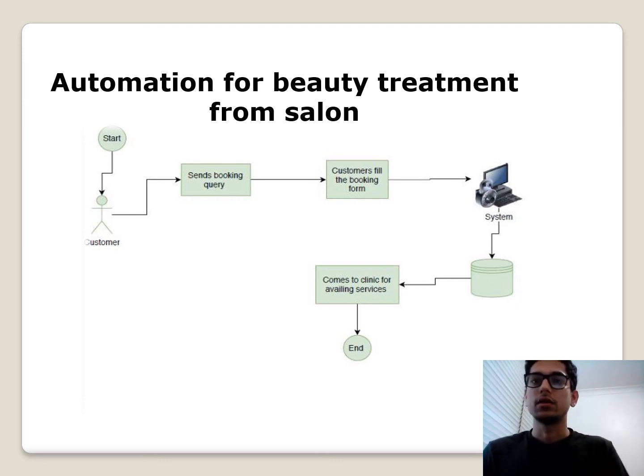The data coming out from the system would be the services that the clinic provides to the customer. In this way, the treatment of a customer is done in a sequential order followed by subsequences, which is done by the system.